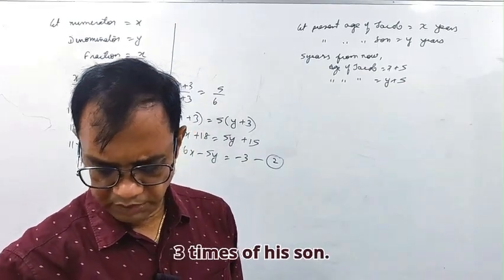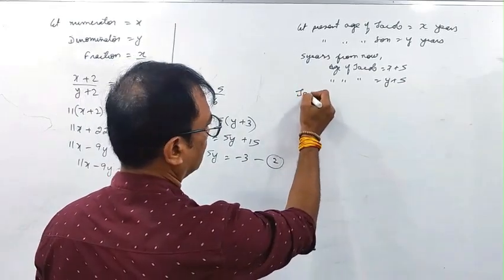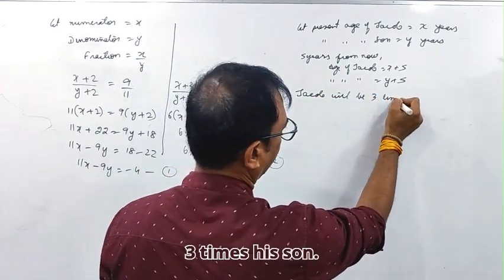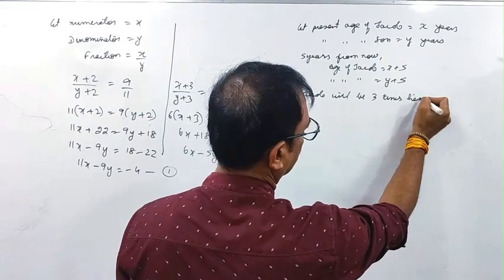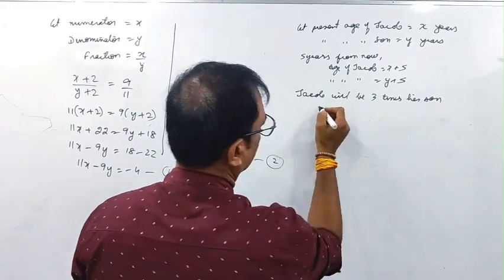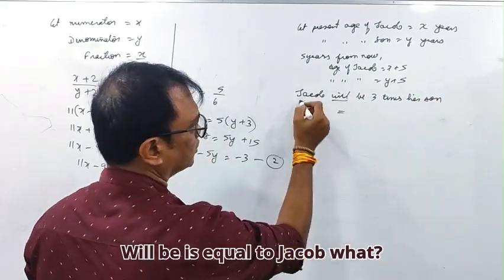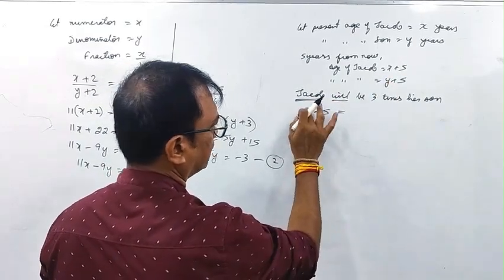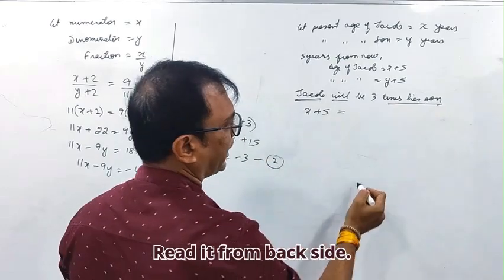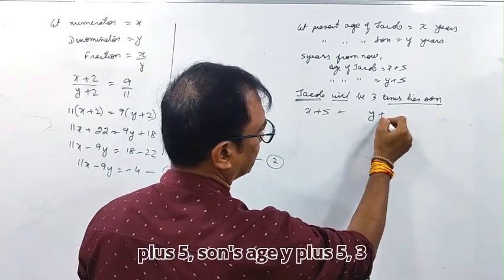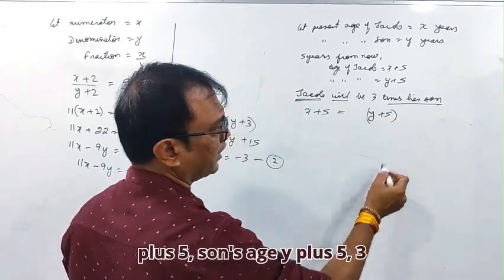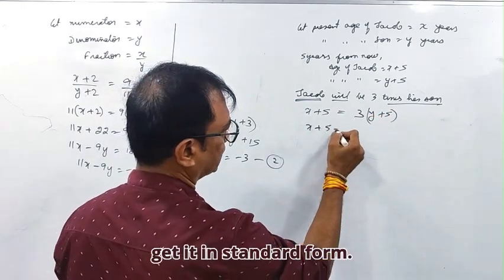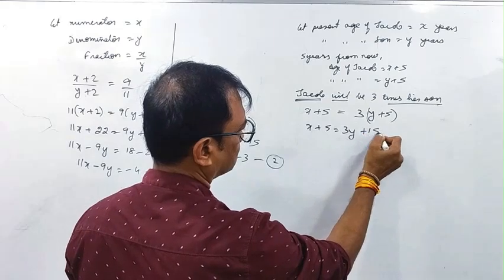Jacob will be 3 times his son. Will be is equal to. Jacob's age x plus 5. Read it from the back side. Son's age y plus 5. 3 times, so 3. Open the bracket to get it in standard form.